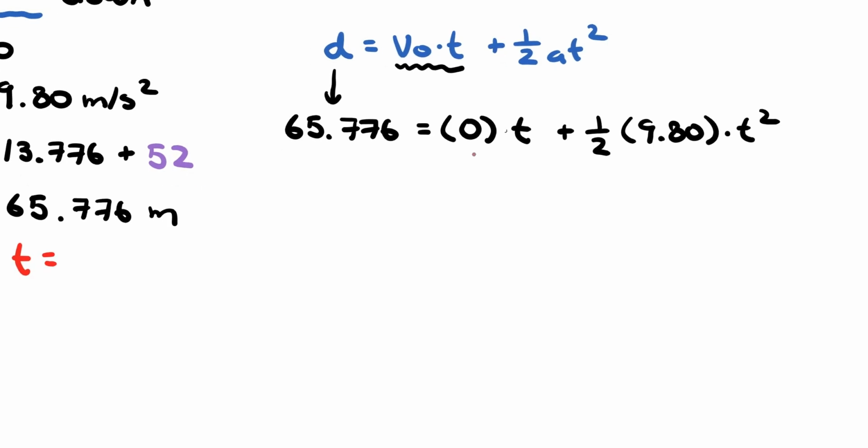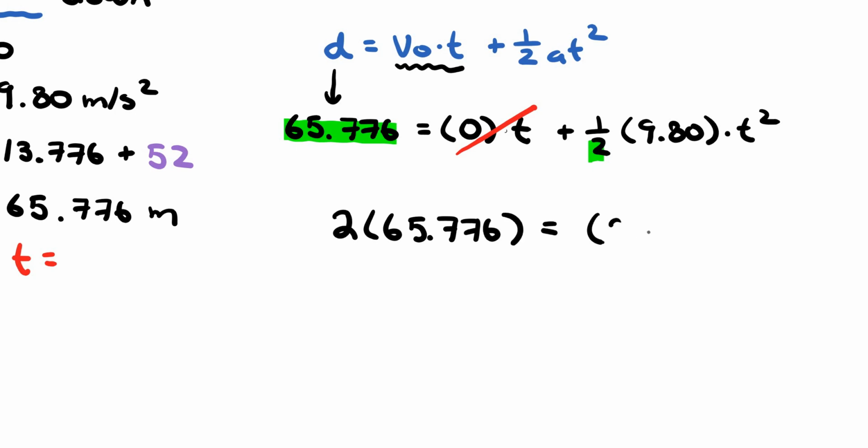Okay, so we know this just goes to 0. And then if I want to get rid of this 2 here, I can multiply the 65.776 by 2. So this will be 2 times 65.776 equals positive 9.80 times t squared.